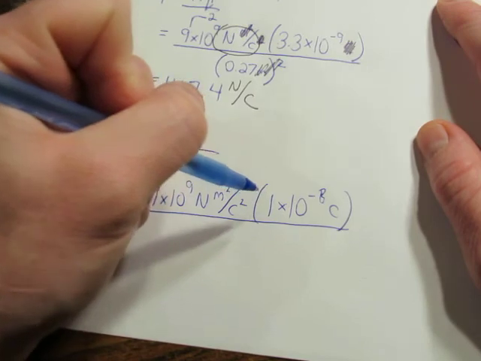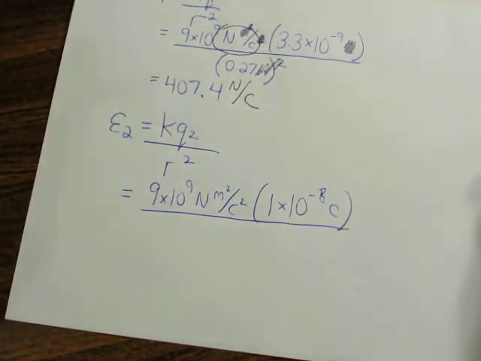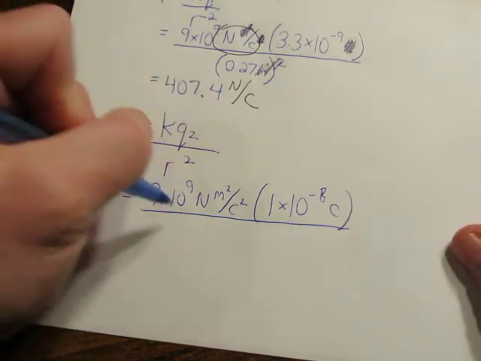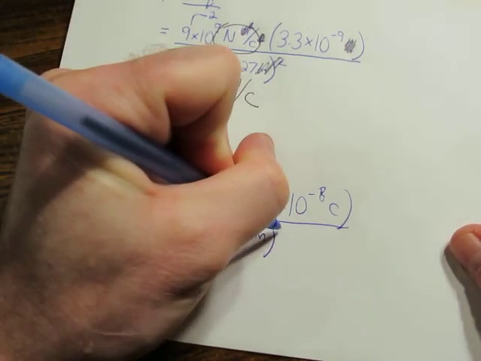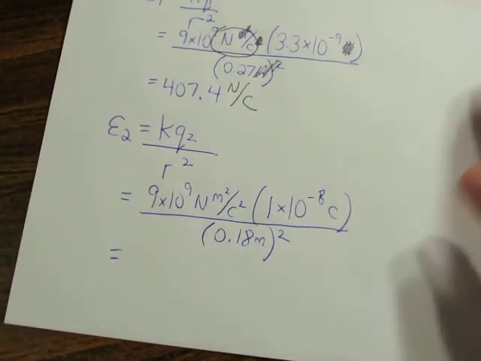But again, I'm not putting a sign on here because signs have already been used. The original distance between the two charges was 45 centimeters, and it's already told us that 27 centimeters of that diagram is used up coming from the right. So this charge is 18 centimeters away from that unknown point P. 0.18 meters, and that has to be squared.